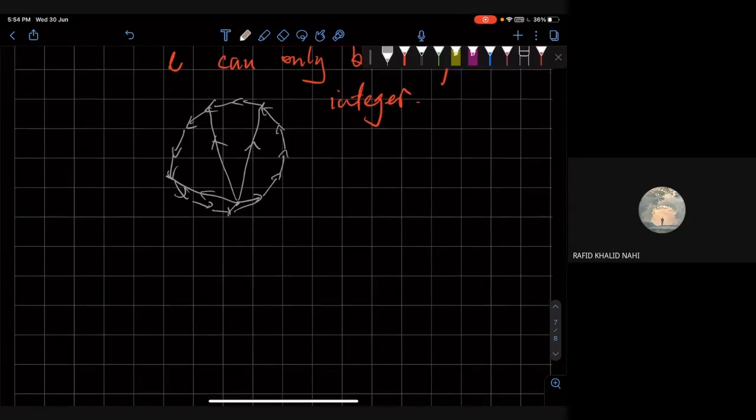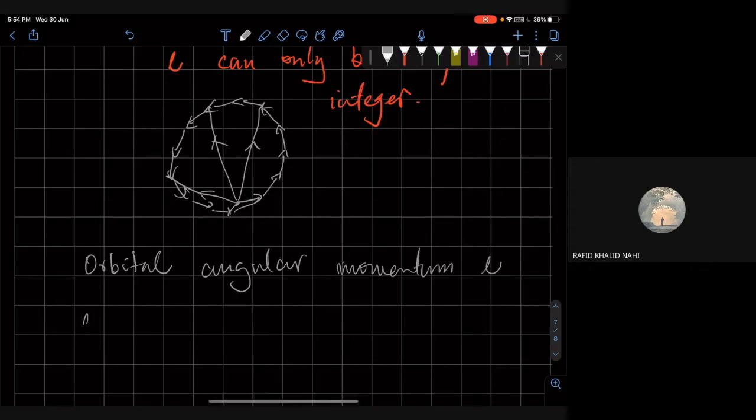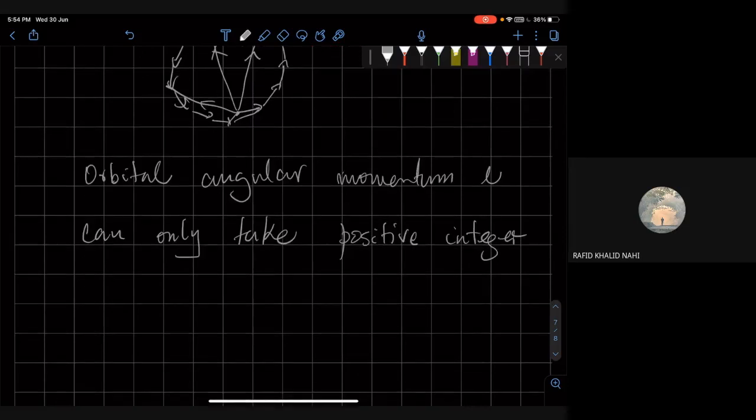So we conclude that the orbital angular momentum number L can only take positive integer values. This is remarkable.